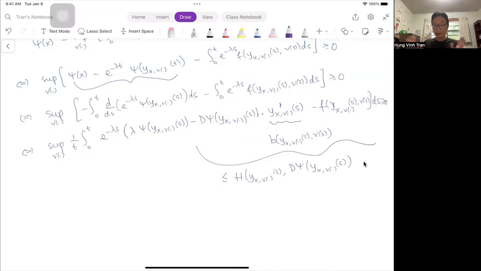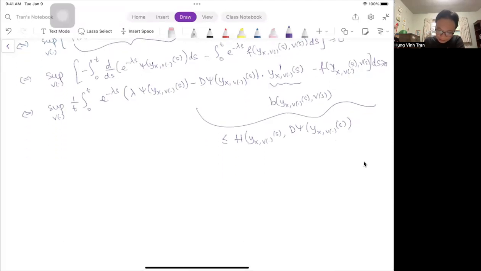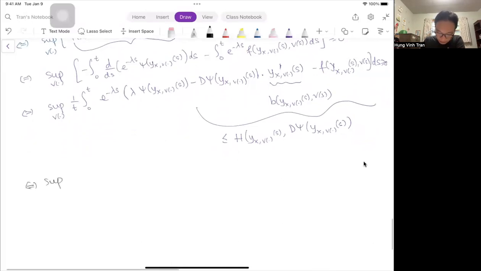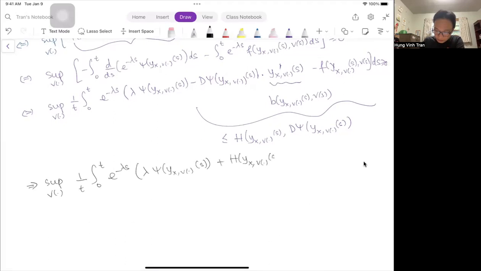We are using that H is a supremum, and hence greater than or equal to any individual v chosen, in this case v(s). So this implies the sup over v of 1/t times the integral of e^(-λs)[λ c(y_x(s)) plus the Hamiltonian H(y_x(s), Dc(y_x(s)))] ds is greater than or equal to 0.